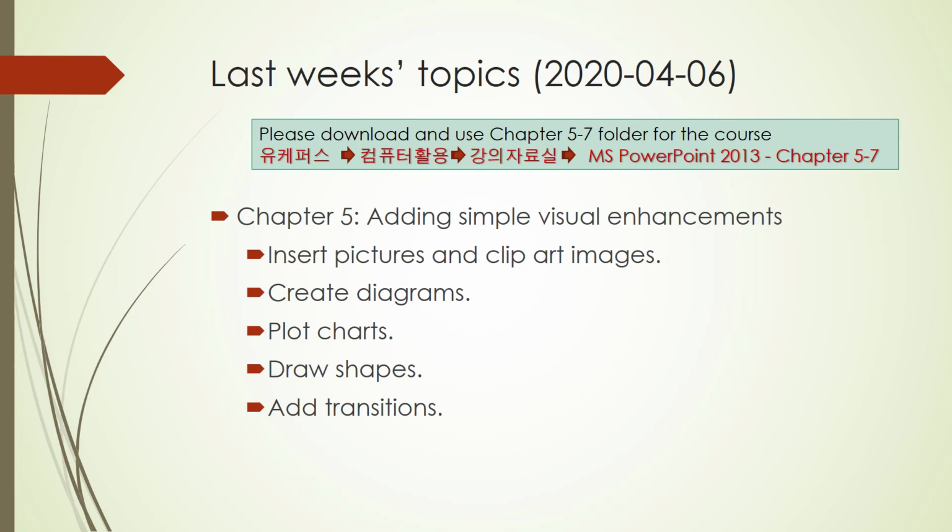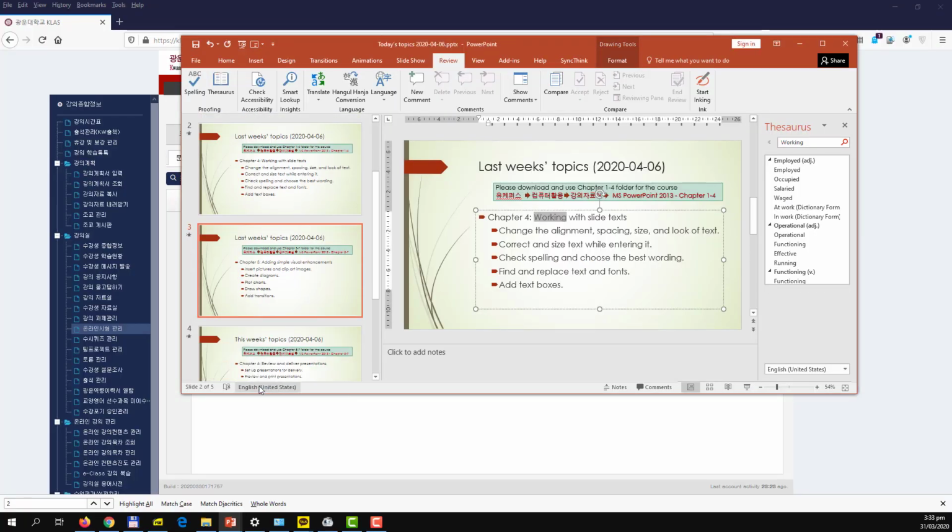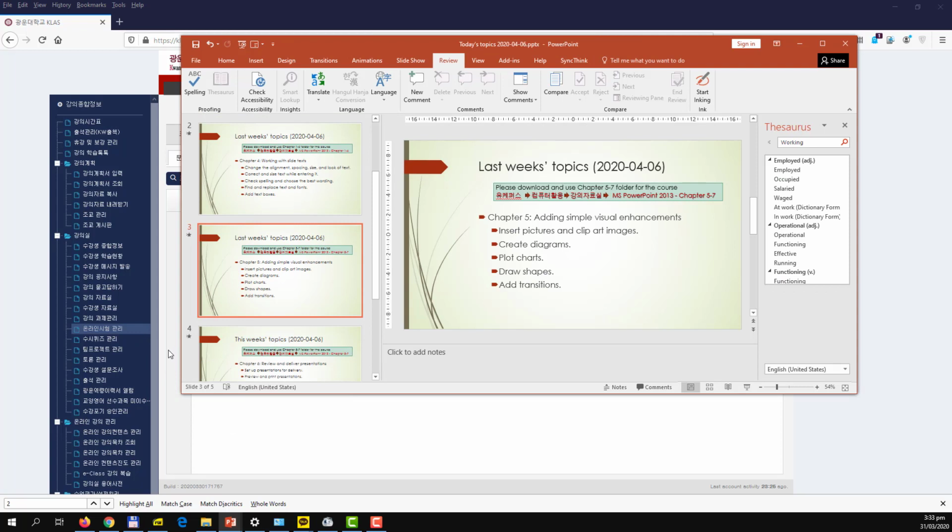And we continue now with inserting pictures and clipart images, if there is any. So create diagram is the next one, plotting charts and drawing shapes. So let us continue with these topics.